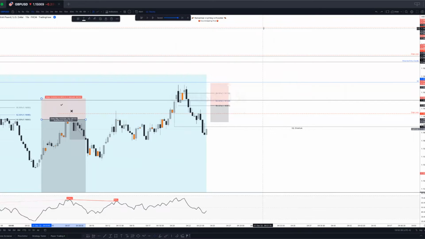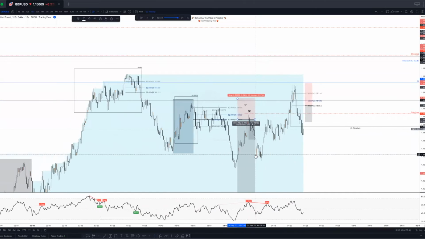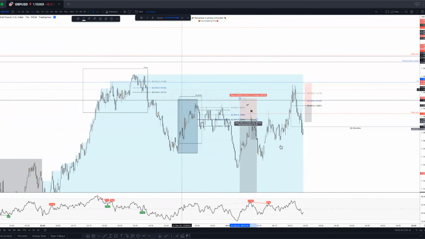So let's continue. I am bearish. Price is still in my point of interest, and I'm waiting on price to come back, tap me in and continue the bearish trend. All right, let's see what it does.